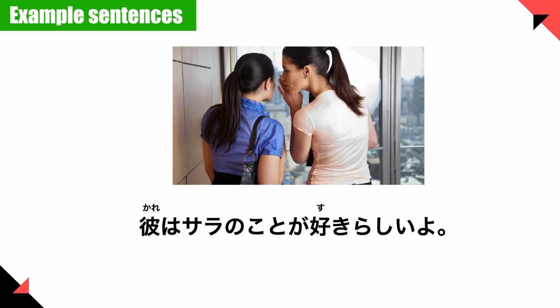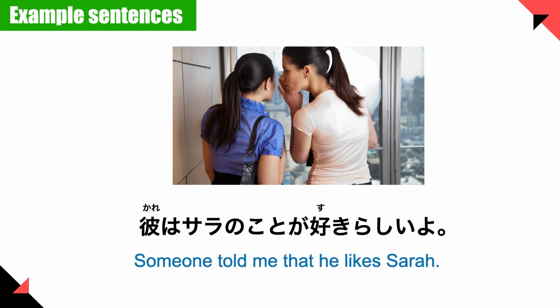Alright, let's look at the next example sentence. 彼はサラのことが好きらしいよ。There are sometimes rumors around someone liking someone else in a big company or school or something like that. It means someone told me that he likes Sarah. 彼はサラのことが好きらしいよ。Someone told me that he likes Sarah.